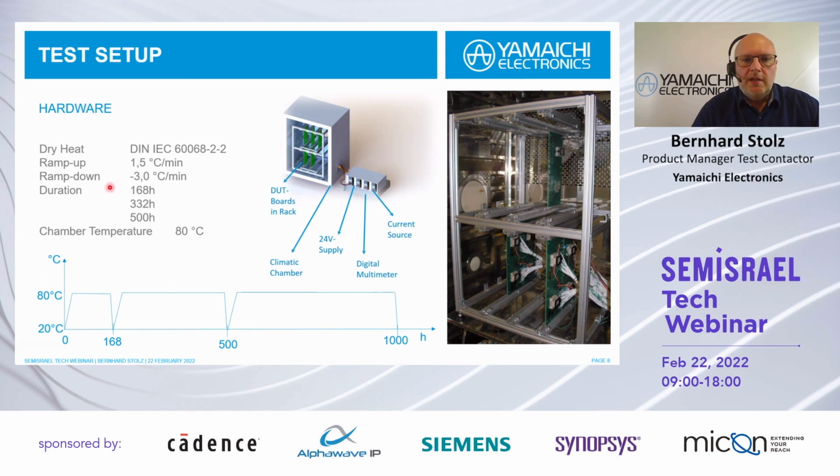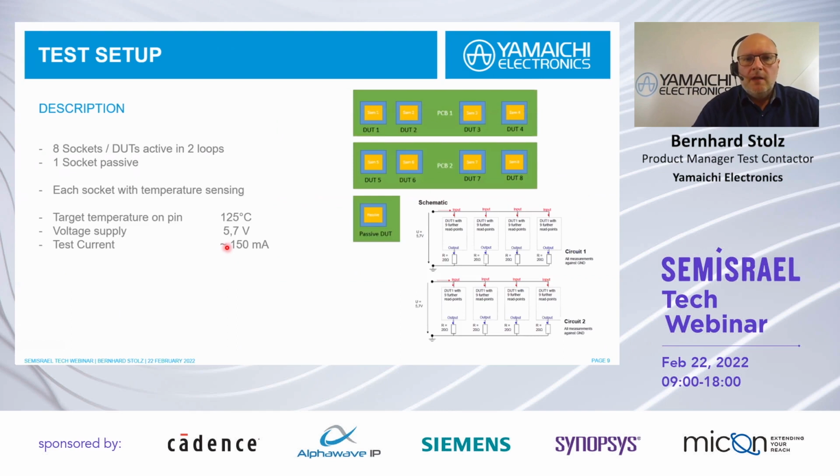Of course, we have dry heat. The dry heat is also specified in the DIN spec, so that we have really no other environmental conditions than HTOL. The test setup itself, as we have seen, has some PCBs in the rack. Each PCB has sockets on it, and in total we have 8 sockets loaded with a daisy chain DUT, electrically connected.